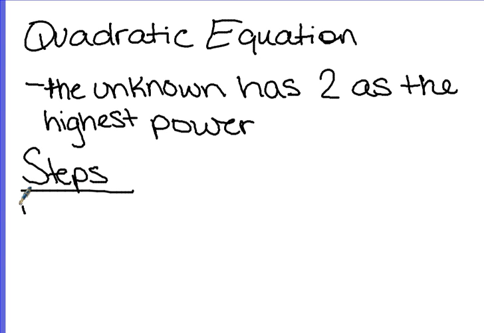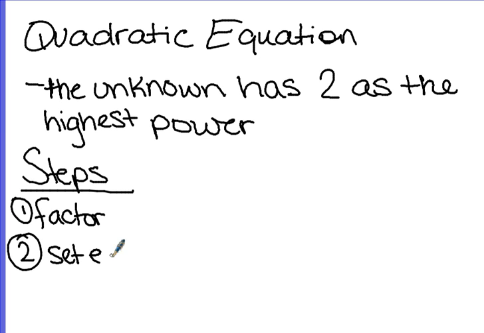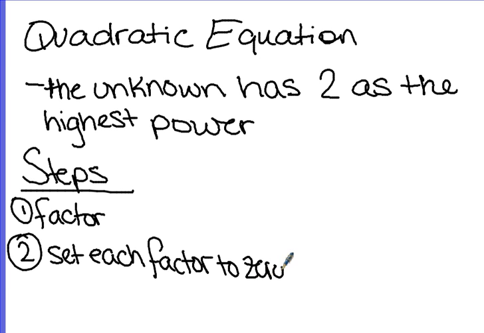Step 1 would be to factor. Step 2 is to set each factor to 0. And step 3 is to solve for the variable.